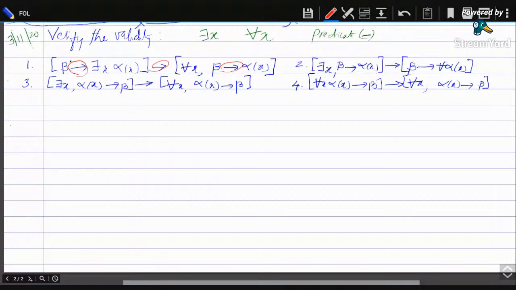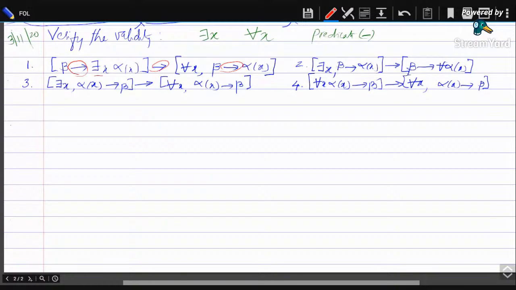There is some sentence which is represented by alpha, and there is some sentence which is represented by beta. There is some relation between alpha and beta, and if you know beta, you can prove alpha. If you know alpha, you can prove beta, or something like that. So different versions are given.